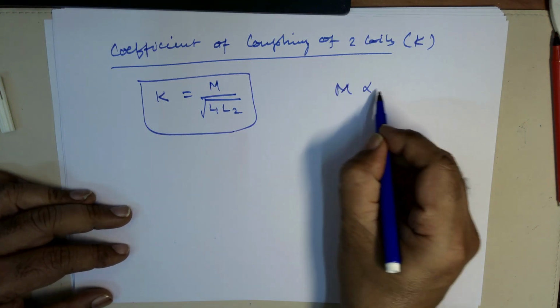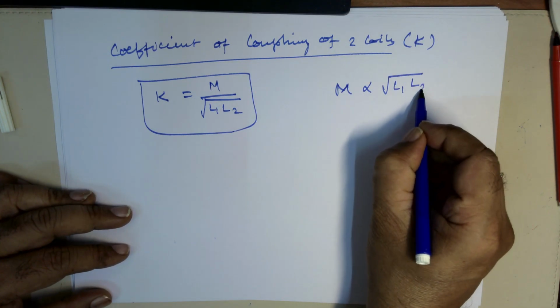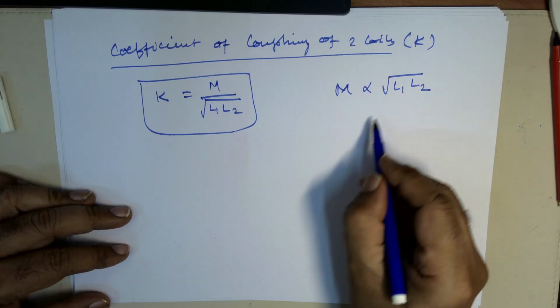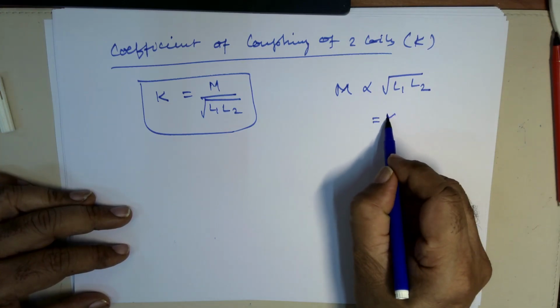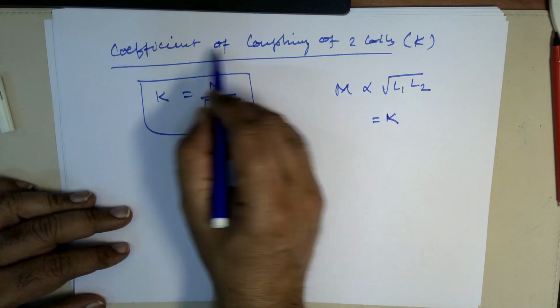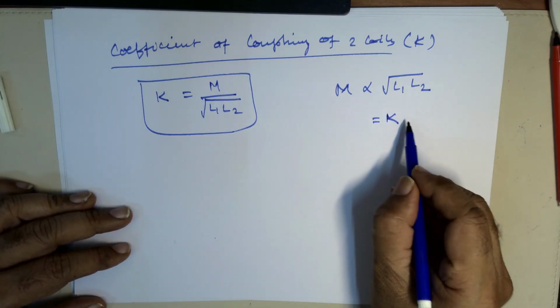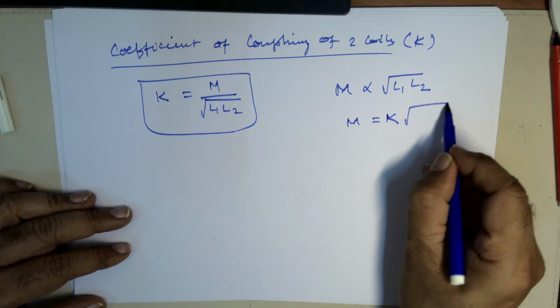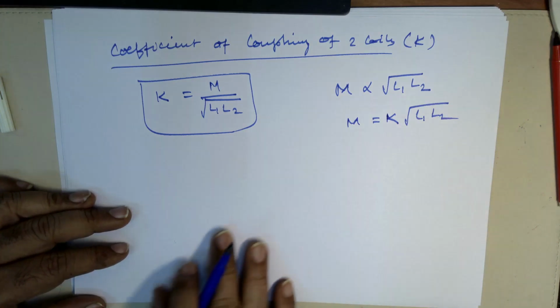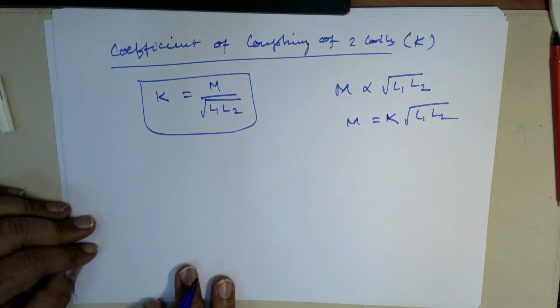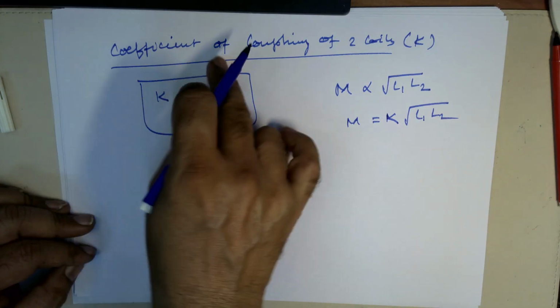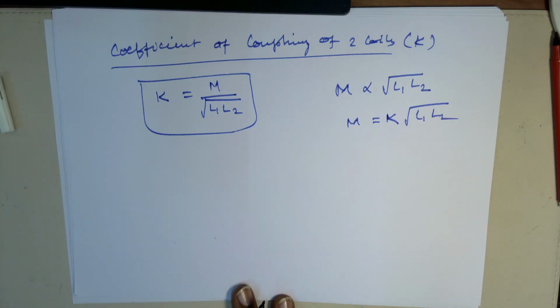Actually, M is proportional to the square root of L1 L2, and the proportionality constant is K, which is nothing but the coefficient of coupling. So M equals K into the square root of L1 L2, and from this we can find K. So K is equal to M divided by the square root of L1 L2.